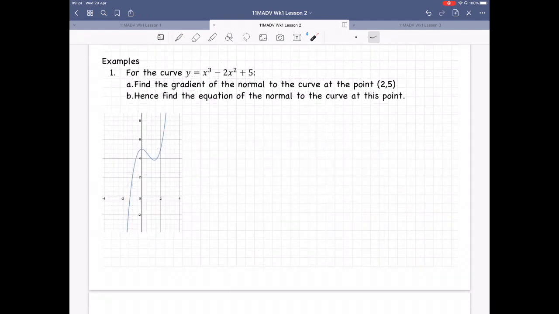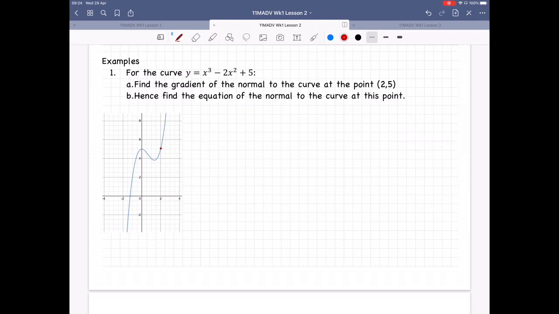So let's look at an example to help explain what we mean by finding the equation of the normal. The first thing we're going to do is find the gradient of the normal for this curve at the point (2, 5). So we have our curve, which is y equals x cubed minus 2x squared plus 5, and we are looking at finding the gradient of the normal at the point (2, 5).